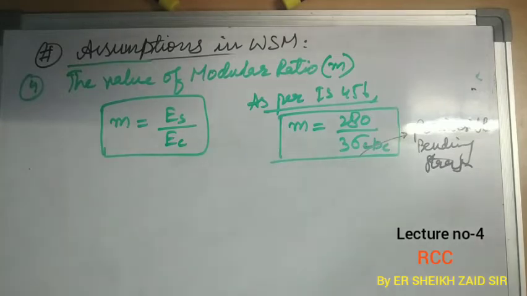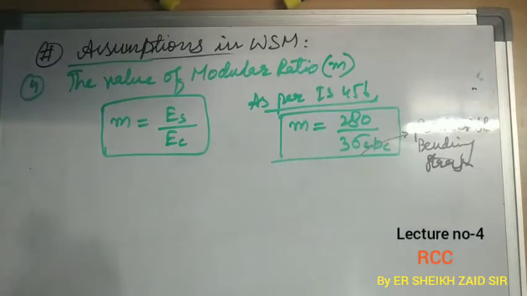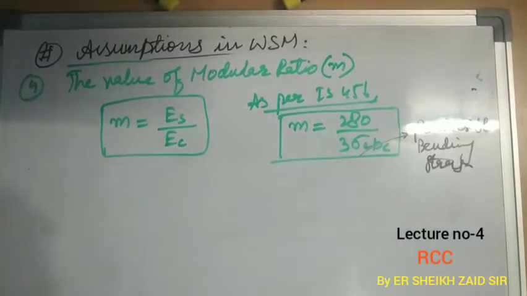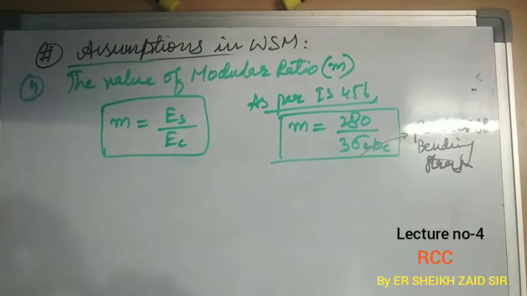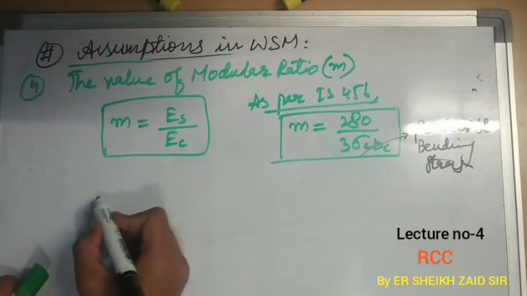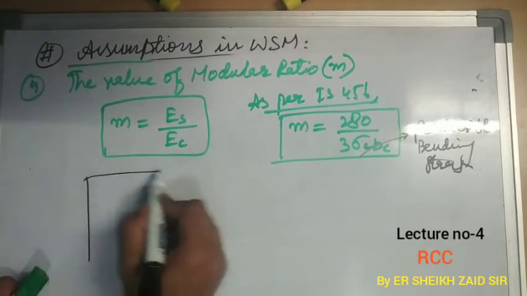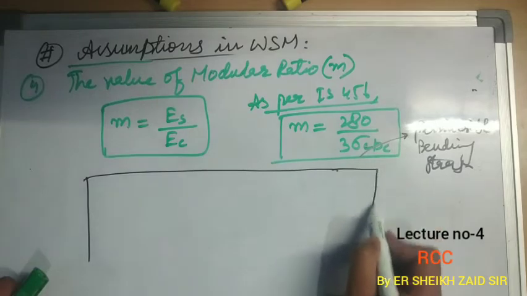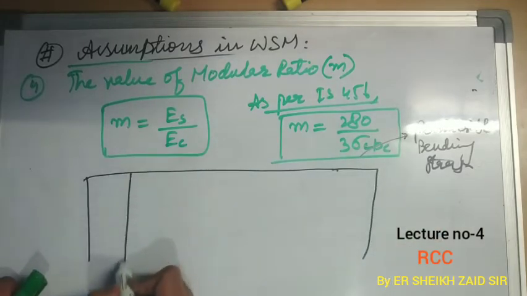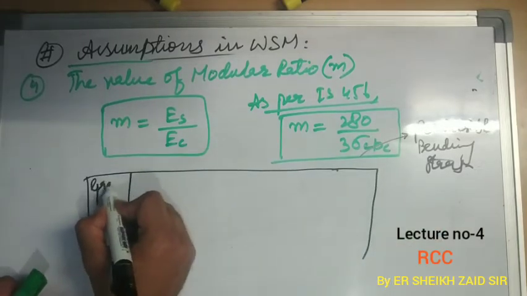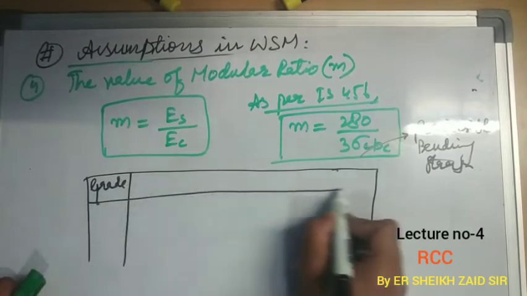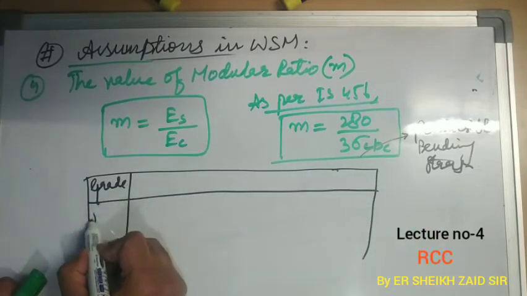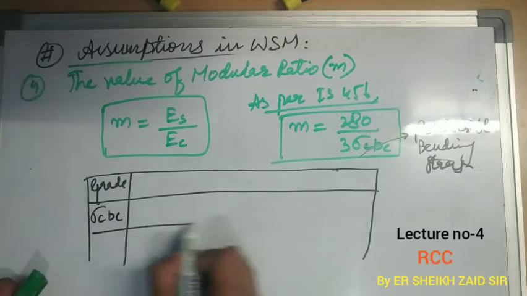Now see the use of this. IS 456 provides us a table in which we have sigma CBC values for different grades of concrete. So this is the table where it shows grade, and these are sigma CBC values.